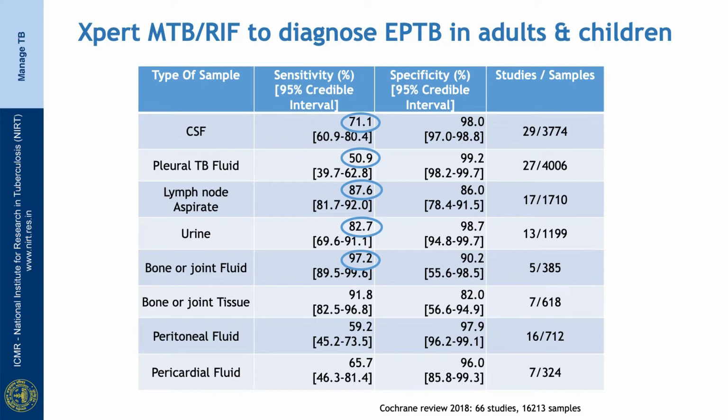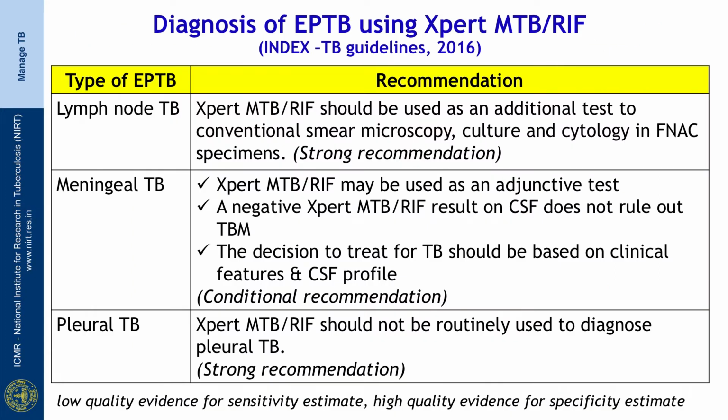Now, the diagnosis of EPTB using Xpert MTB/RIF as mentioned in our Indian INDEX-TB guidelines 2016 are: for lymph node tuberculosis, the Xpert MTB should be used as an additional test to conventional smear microscopy, culture and cytology in the FNAC specimens. There is a strong recommendation for that. For meningeal tuberculosis, Xpert MTB/RIF may be used as an adjunctive test.